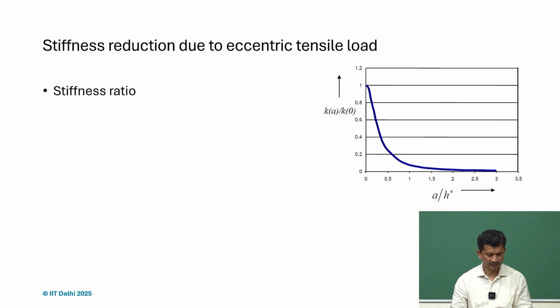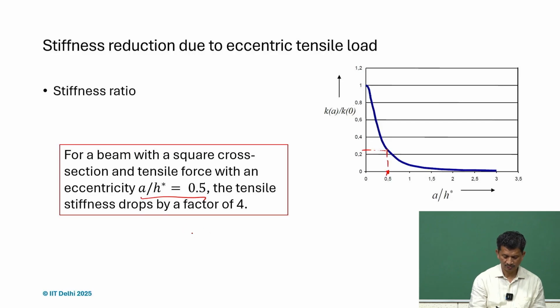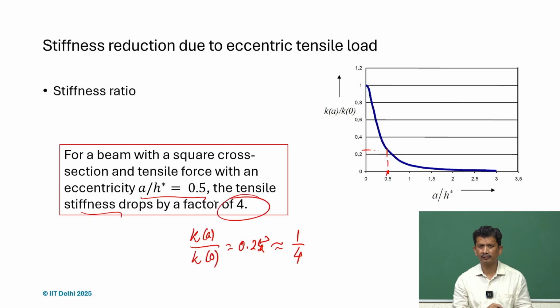And we find that even just at the top, if we are applying the force, at 0.5, the stiffness ratio, Ka divided by K naught, is 0.25, roughly 1 by 4. So the stiffness drops by a factor of 4.